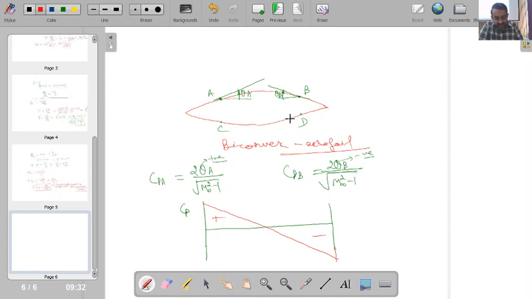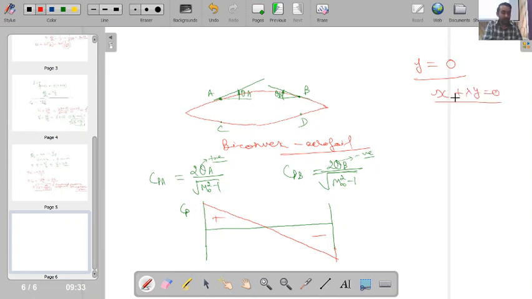Similarly, if you go to points C and D, when we calculate the Cp for points C and D, we have to take F equal to 0, because for the bottom portion F will be equal to 0 and G will be finite. So in that case we have x plus lambda y equal to 0.